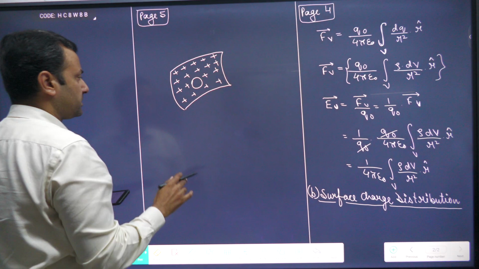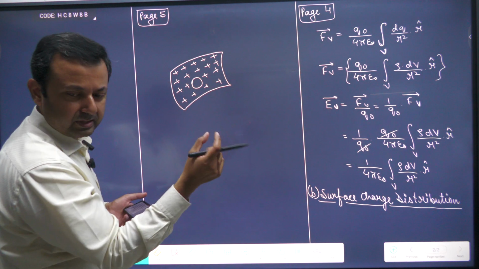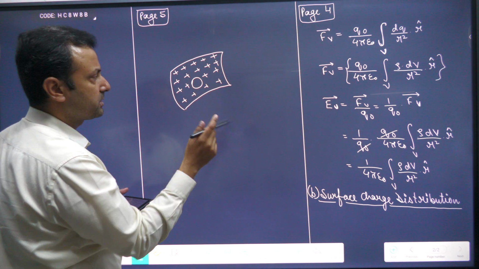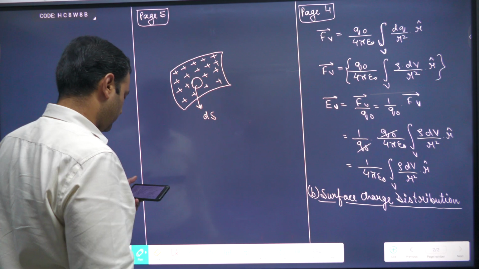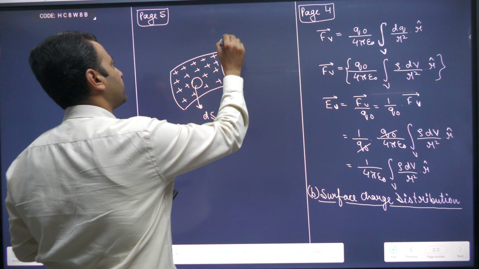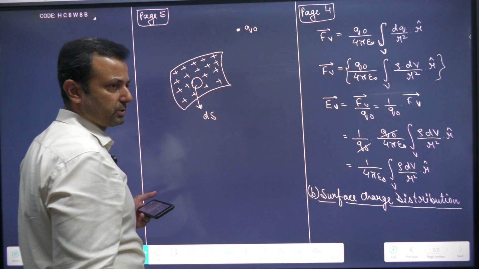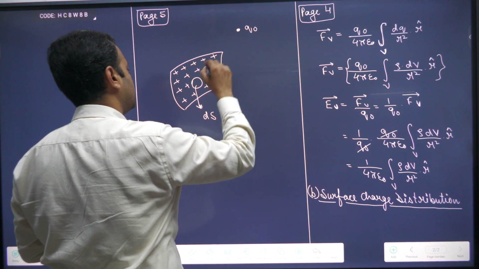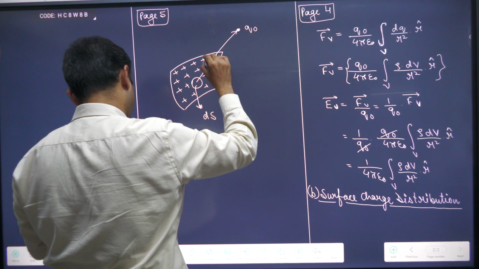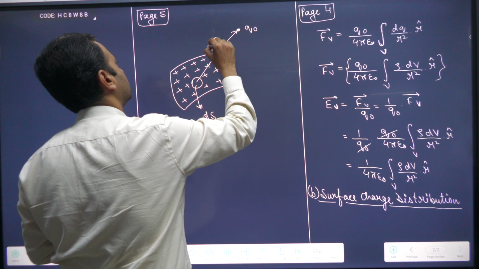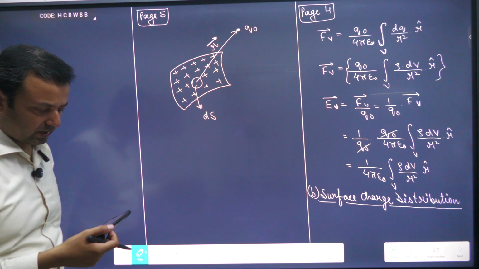We have considered this entire surface, and from it a very small element, which I am calling ds, and let us consider that there is a small charge q naught here. The distance between ds and q naught is r vector.